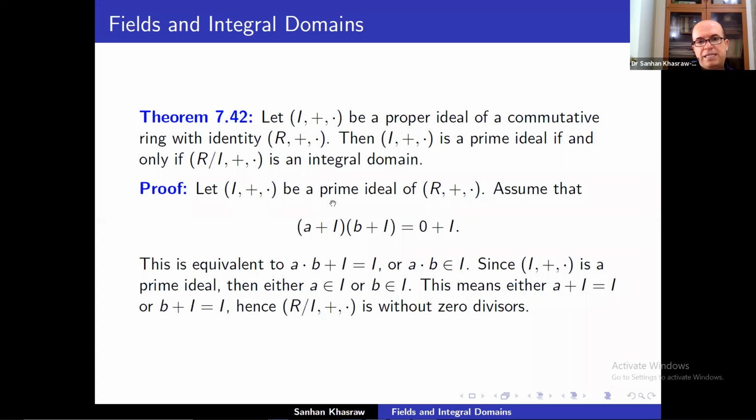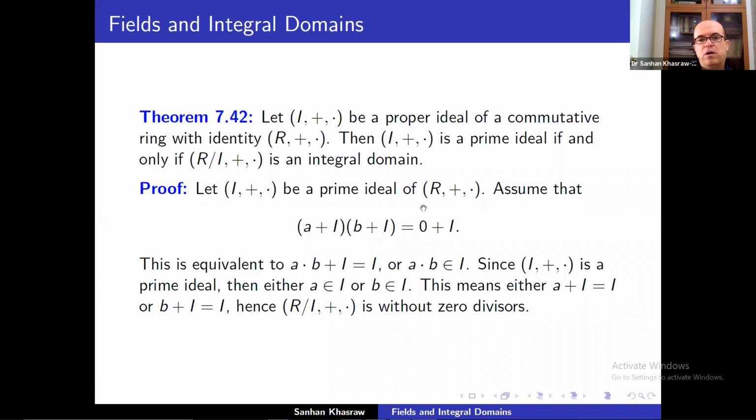So let I be a prime ideal. Again, I will not check the commutativity and the identity element of R over I because it's simple. If R is commutative with identity, then so is the quotient ring. What I need to show is that the quotient ring has no divisors of 0.